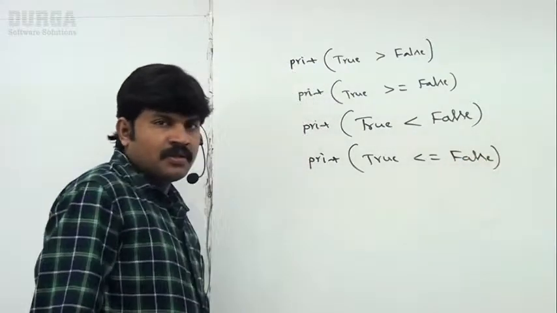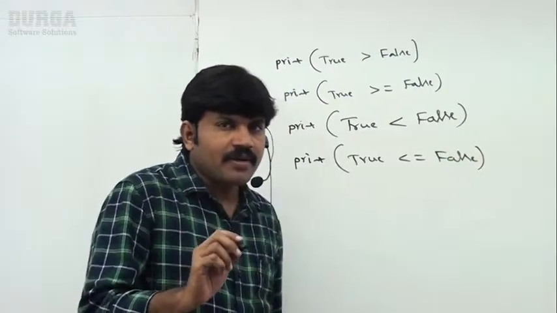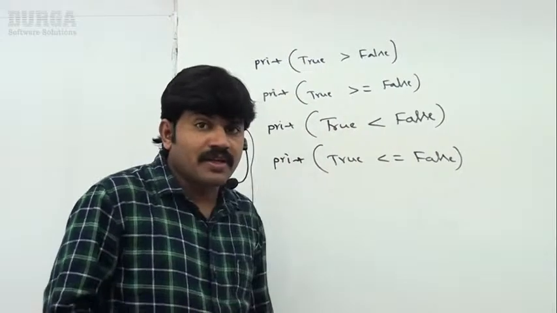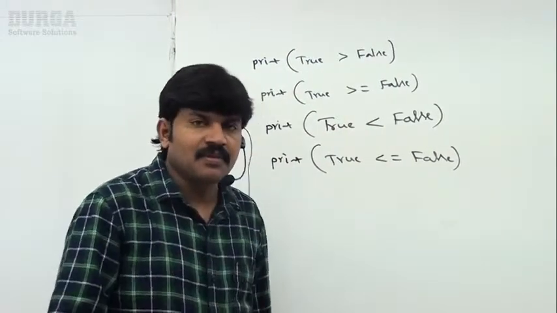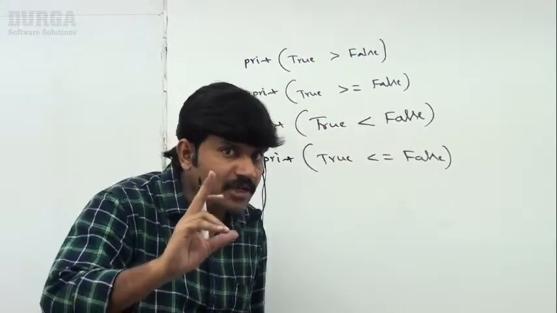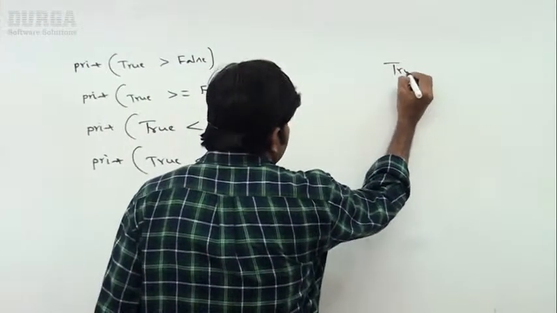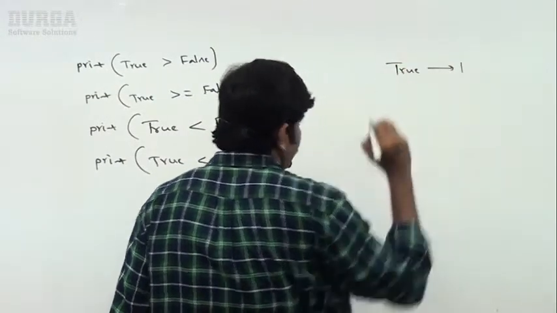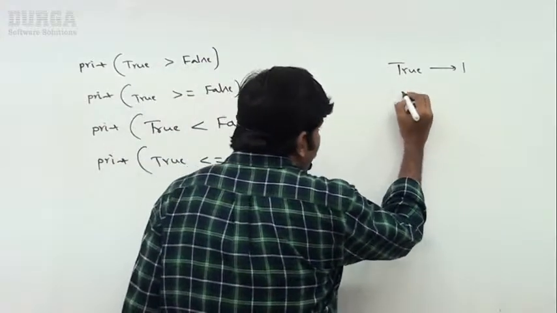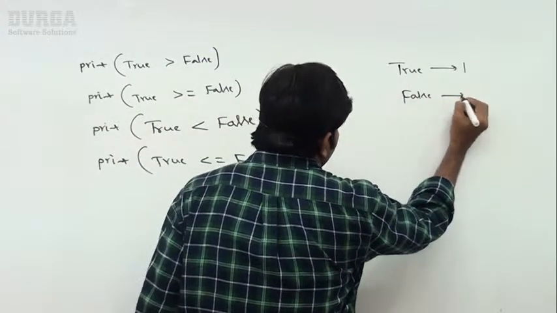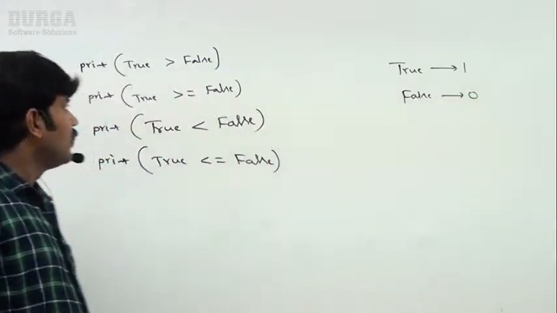Assume that, sir. Do you know, whenever Boolean values are taken in comparison, the corresponding int values will come. True means 1, false means 0.